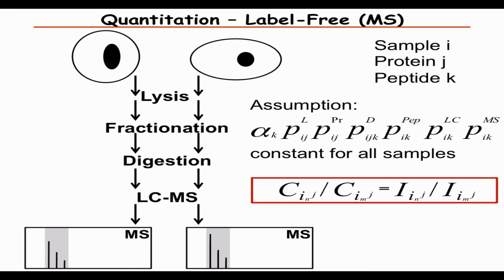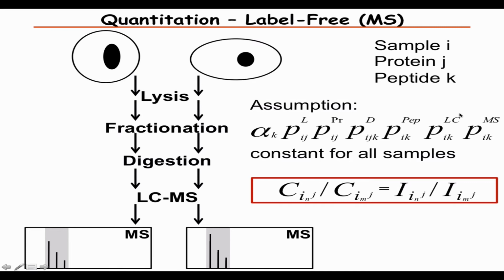Let's say you want to run 100 samples and it's going to take you 3 months to keep all the conditions, the columns in the same shape and not going bad, the temperature in the room, and so on, the humidity, all that matters. But if you can do it, and usually with label-free people just do smaller experiments, a few samples that you can run during a day, maybe.